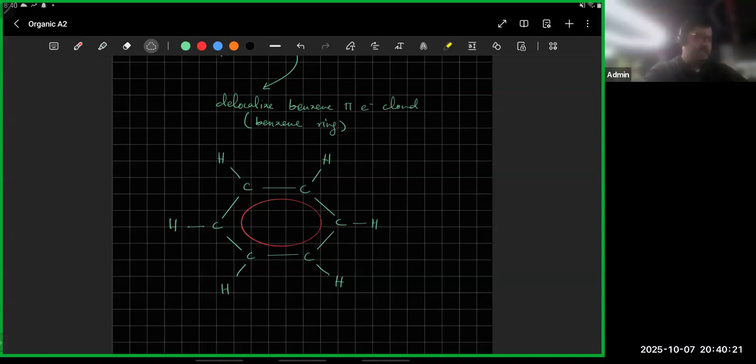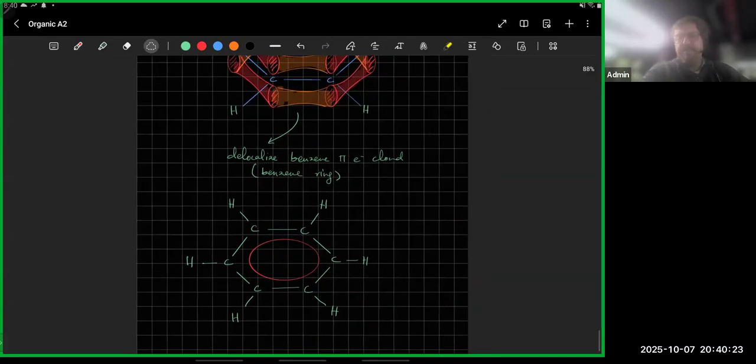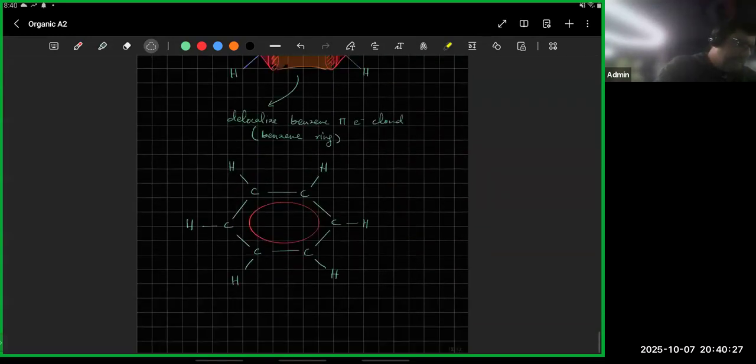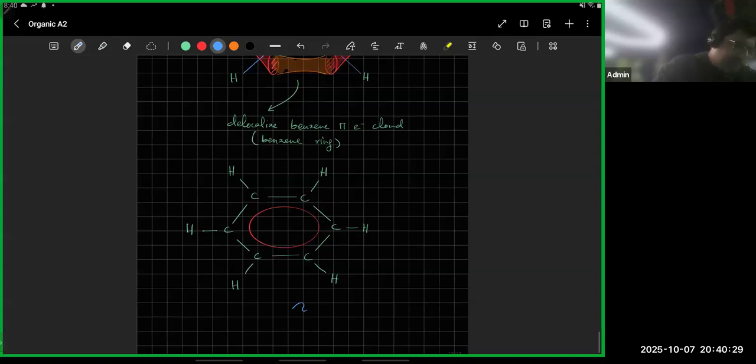And the ring kind of shows that you had three double bonds, but they all got delocalized. Is that clear? और इसका जो skeletal formula है, that's this.